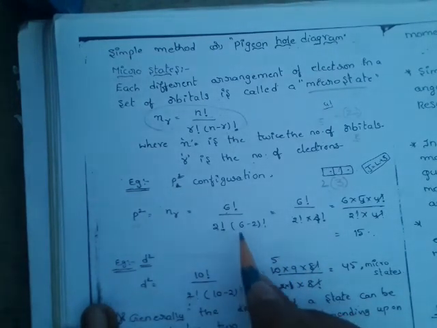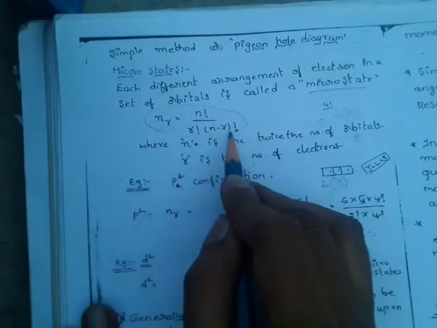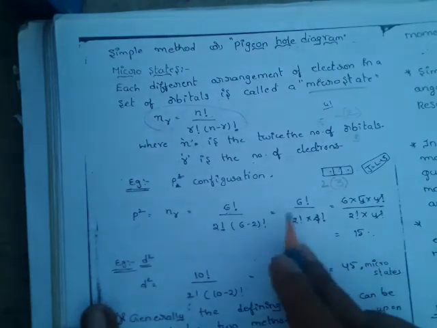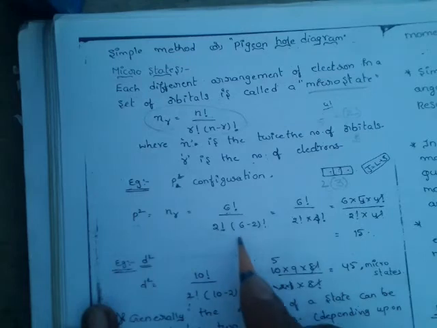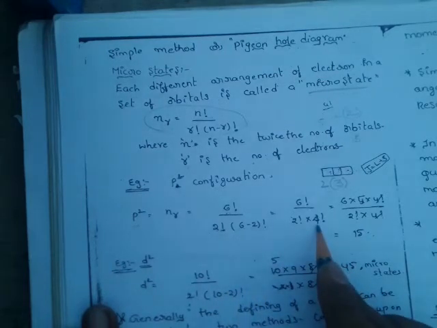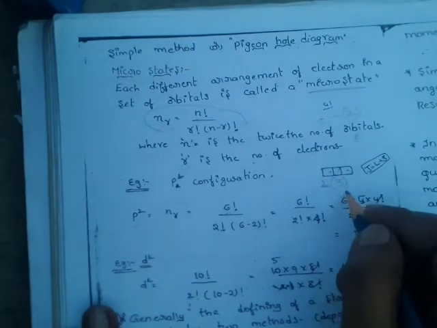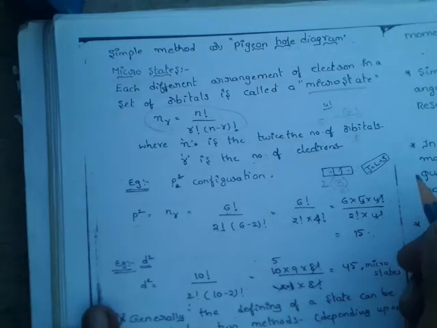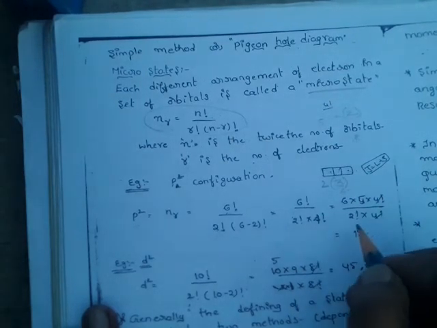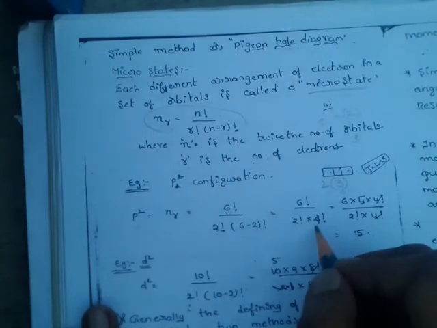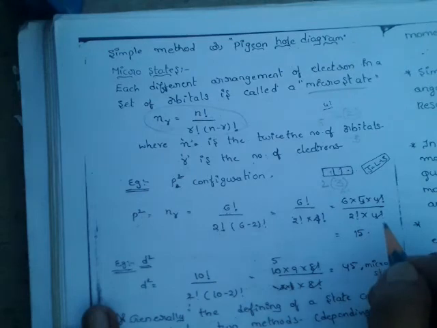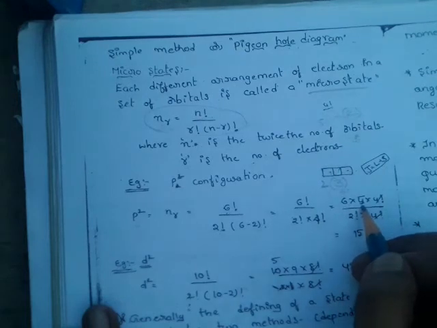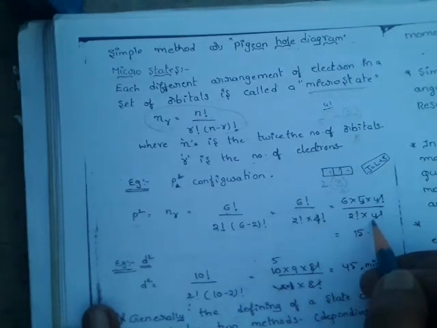So 2 factorial into n minus r factorial, 6 minus 2, 4 factorial. 6 factorial means 6 into 5 into 4 factorial, by 2 factorial into 4 factorial.